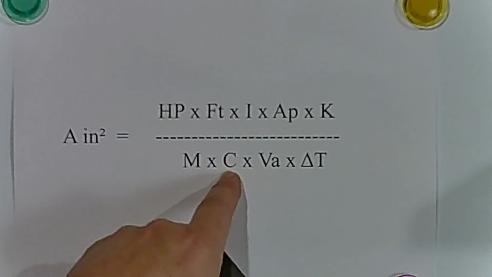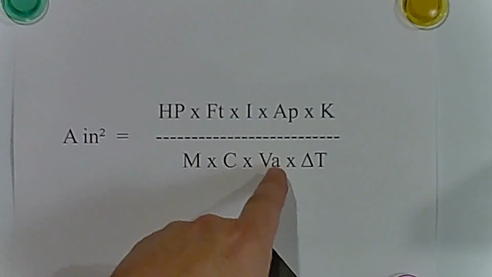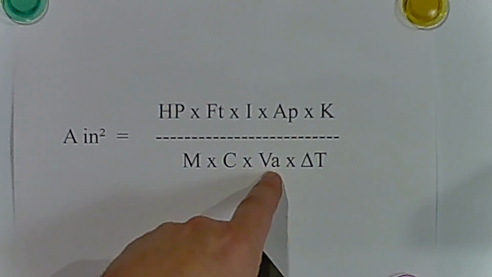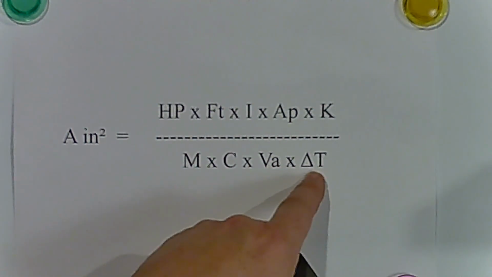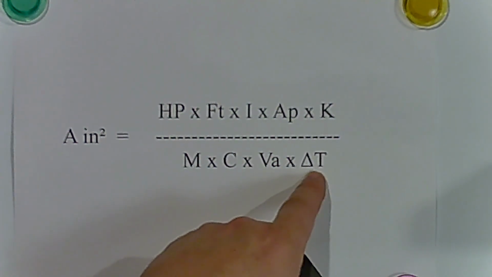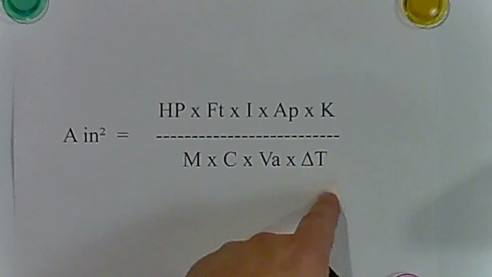That's also a coefficient, so 3 cores isn't going to equal 3. Your airflow coefficient multiplied by your delta T, which is the coolant target temperature minus your ambient temperature, and that's in Fahrenheit.